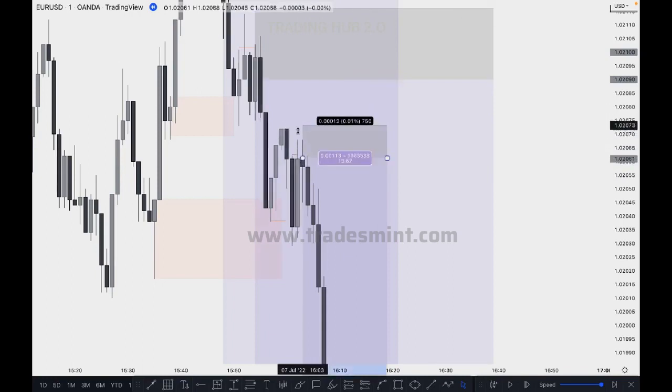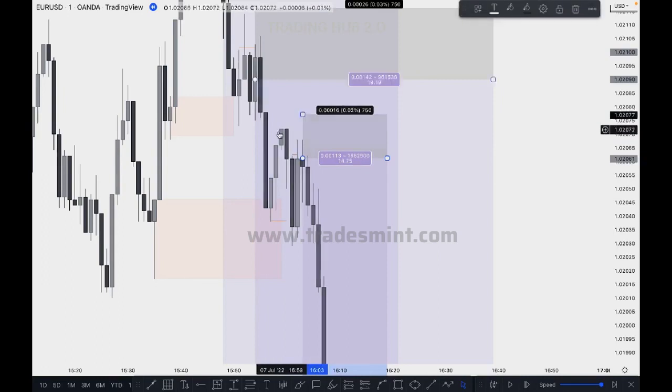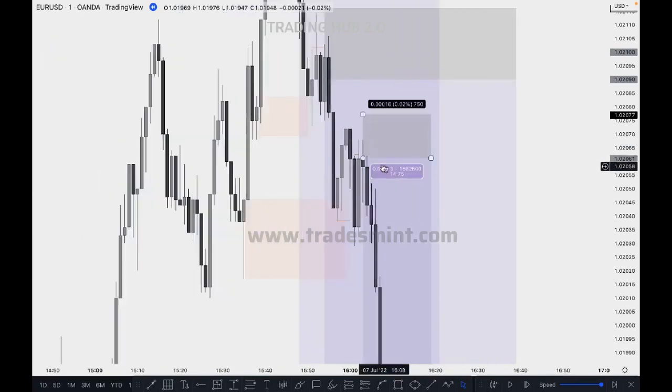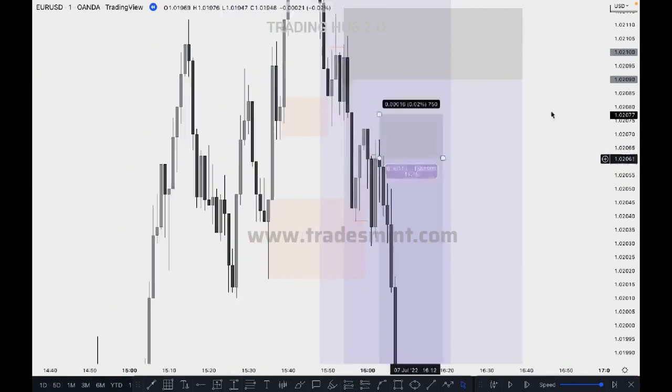Okay, we can also put the stop loss just above it, which is less than 1 pip, but this is not sensible. So I put the stop loss just above it, which is here, correct. And in this case you can see market completely respected our entry strategy. Okay, so this is our next entry, which is where we can enter here.